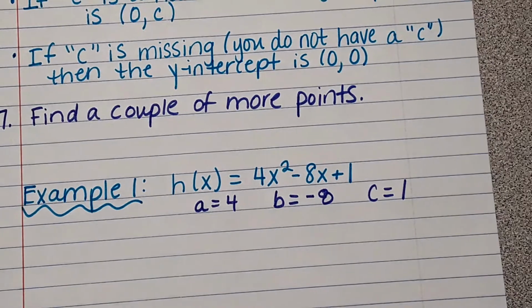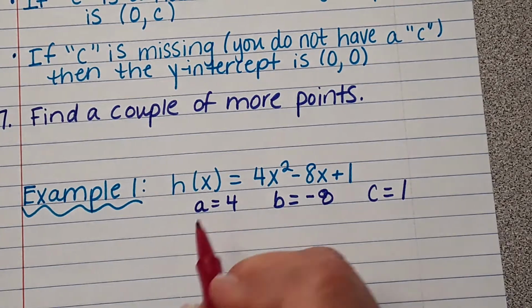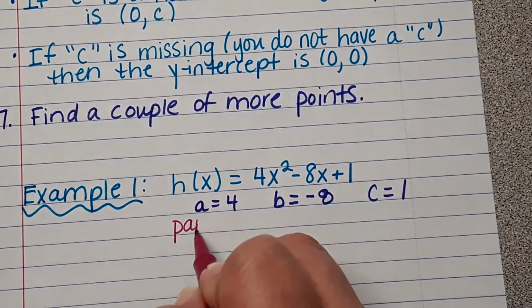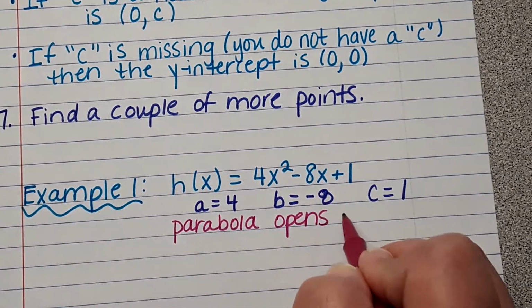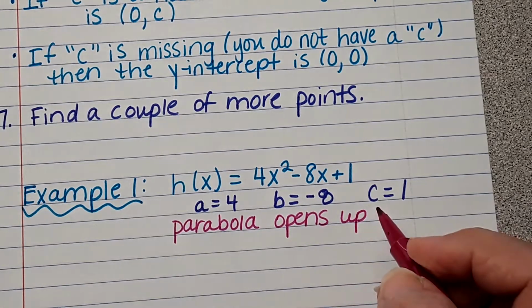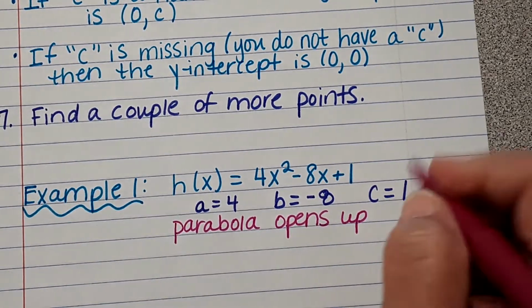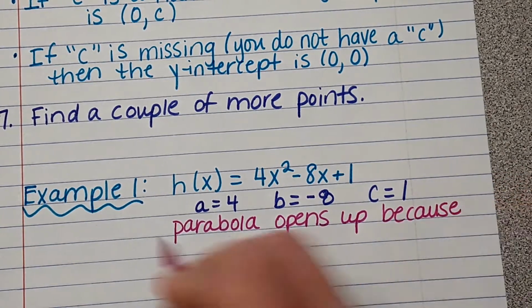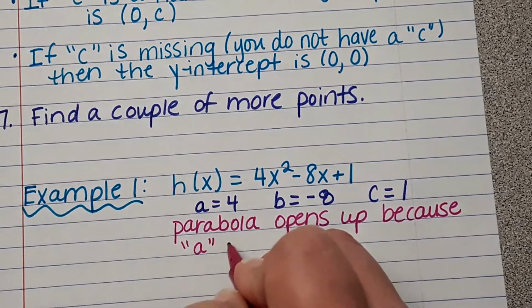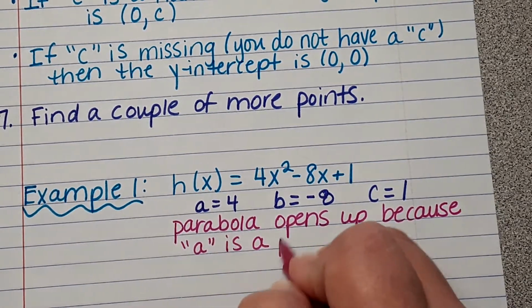okay. So now we have to decide, not our vertex yet, if our parabola opens up or down. So does our parabola open up or down? Our parabola opens up. And I'm going to say why right here, and that is because the parabola opens up because A is a positive number.